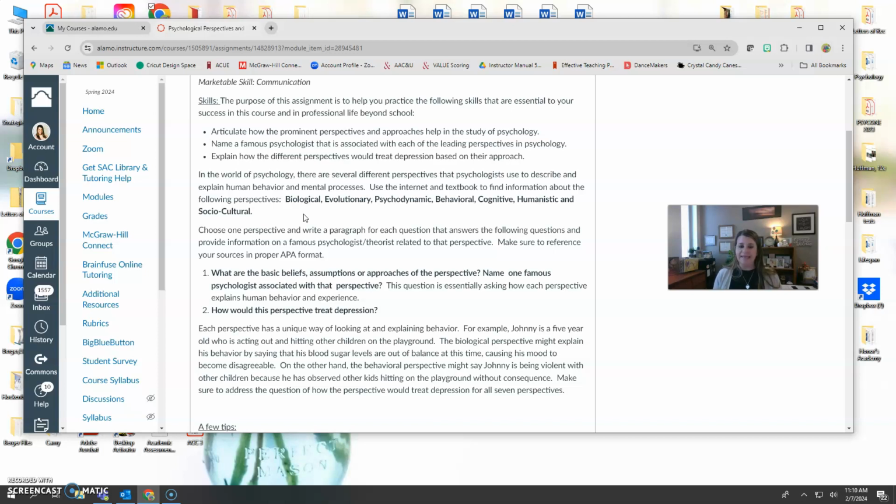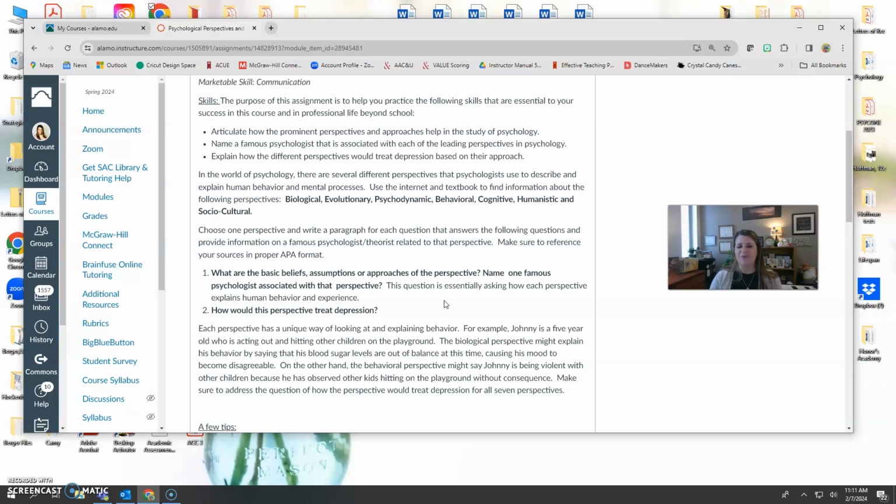In that first paragraph, after you've given me the basic beliefs of just one of these, I want you to choose one famous psychologist that is associated with that paradigm that you chose, okay? Just name one psychologist associated with that perspective and tell me, what was their contribution to the field?